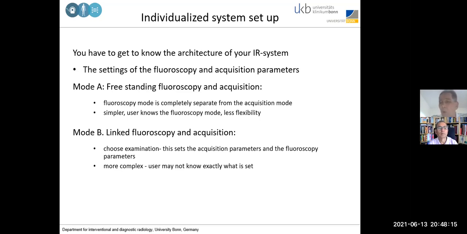This is almost conventional radiology. But if the fluoroscopy is linked to the acquisition mode, then it is more complex, and you run into some major issues which maybe you have not encountered before.